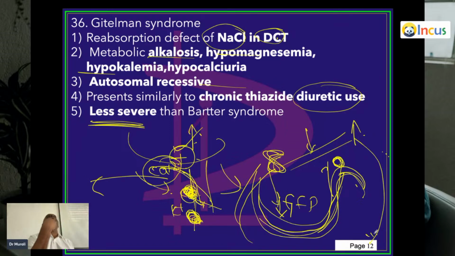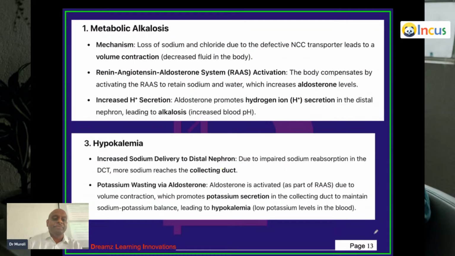That makes the juxtaglomerular apparatus sense and release renin. That stimulates angiotensin, which leads to aldosterone production. Aldosterone will come to the collecting duct. It will lead to sodium retention, potassium loss, and H plus loss into urine. Loss of potassium into urine because of the hyperaldosteronism leads to hypokalemia. Loss of H plus into the urine leads to metabolic alkalosis. Two things finished. Why alkalosis is there, why hypokalemia is there. Understood.